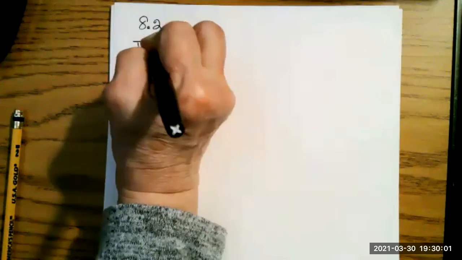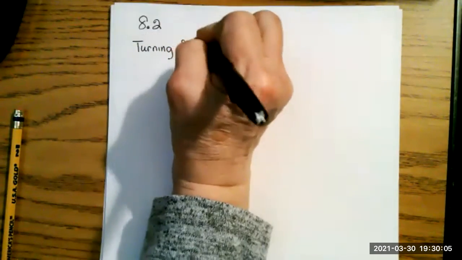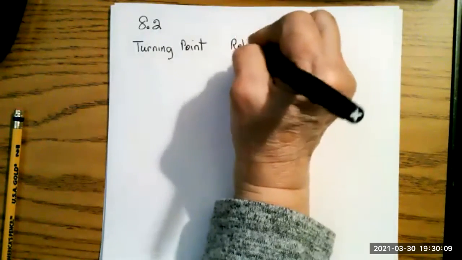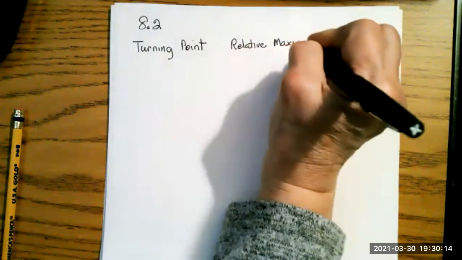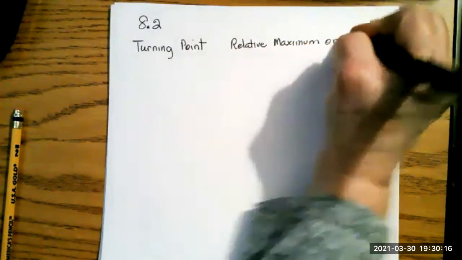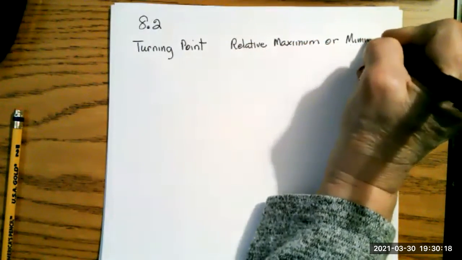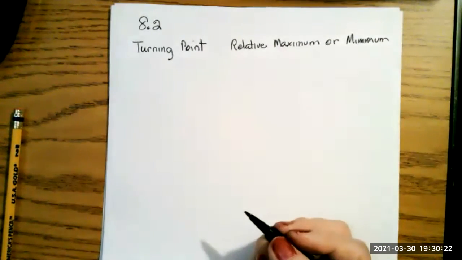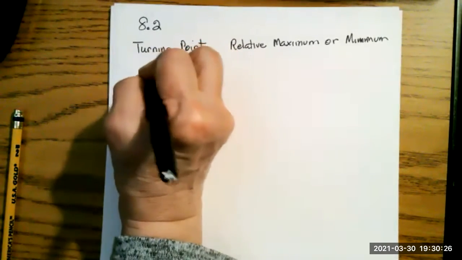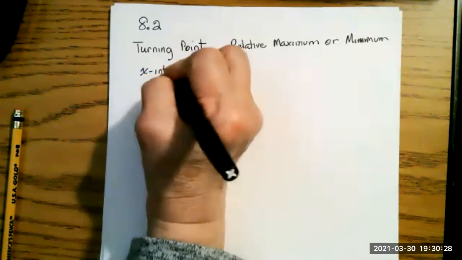Turning points. Sounds like a TV show, doesn't it? Turning point. Okay. This is a relative maximum or minimum. See, we've already had those terms before. Relative maximum or minimum. That's what that thing is. It's a turning point. We know what an x-intercept is.